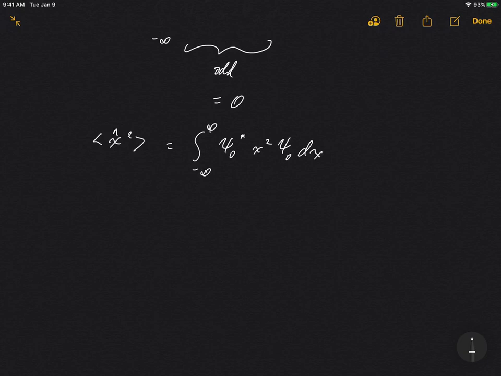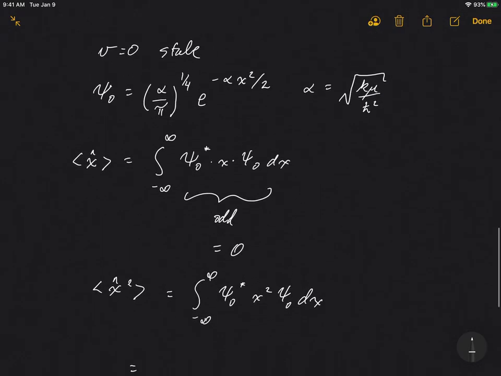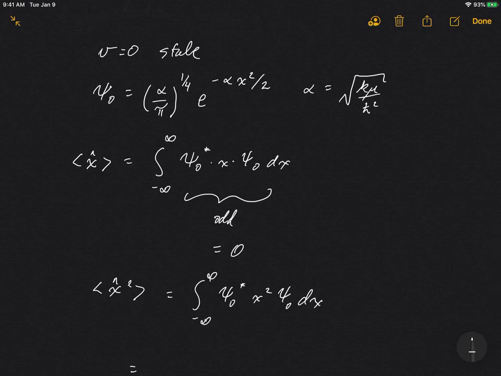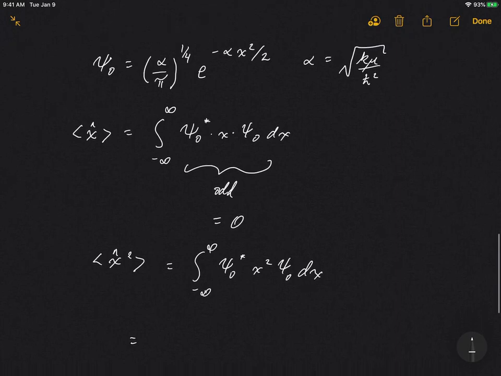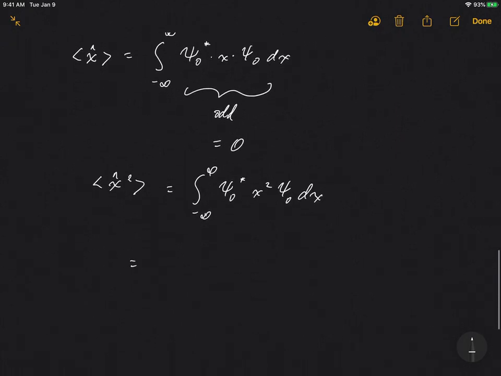So we have to actually set up the integral and evaluate it. Again, we'll do a little bit of simplification, but then we'll turn to integral tables. If we plug our functions in, first of all, we've got our alpha over pi to the 1/4. We have 2 of those multiplied together, and so we end up with alpha over pi to the half.